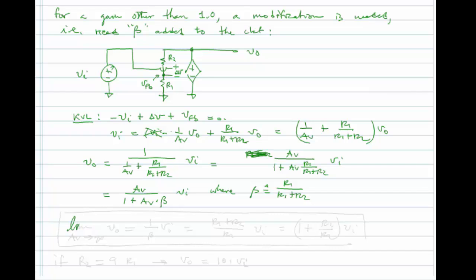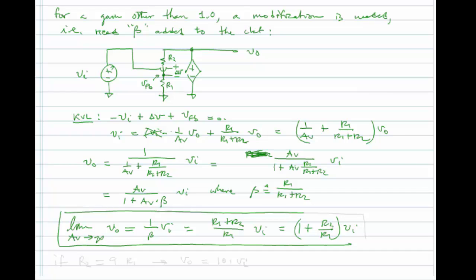Now, in the limit that AV goes to infinity, VO will equal 1 over beta VI, which is equal to R1 plus R2 over R1 VI, or we could write it as 1 plus R2 over R1 times VI.